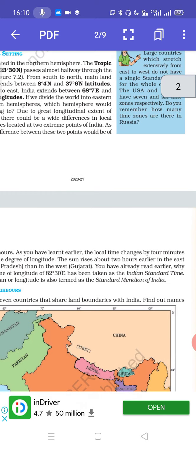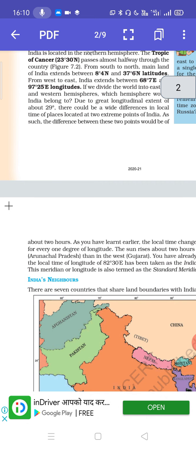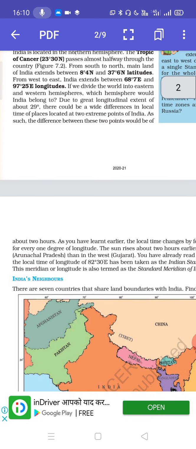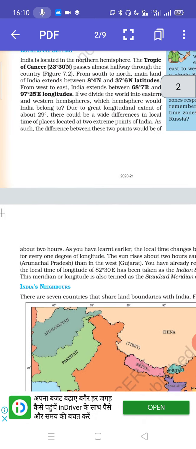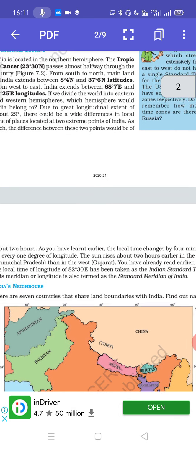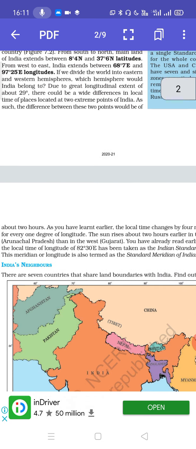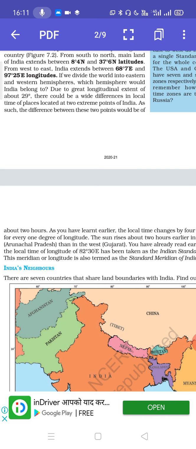You have already read why the local time of longitude 82 degree 30 minutes east has been taken as the Indian Standard Time. The meridian or longitude is also termed the standard meridian of India. If you have been to Mumbai, you must have seen that in summers, around 8 o'clock there is a little bit of sunlight, whereas in the northern side, like in Lucknow, around 7 we see that the sunset takes place.